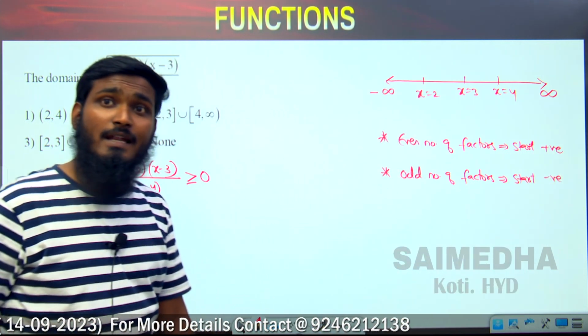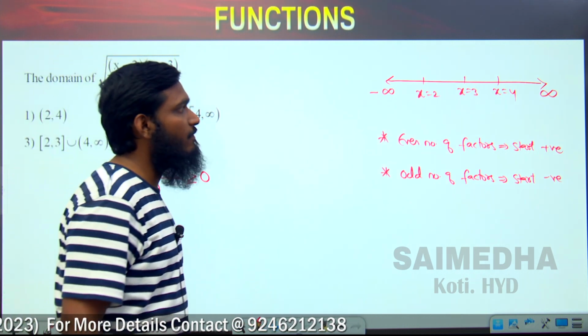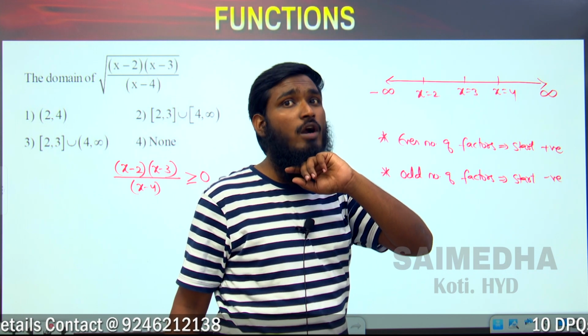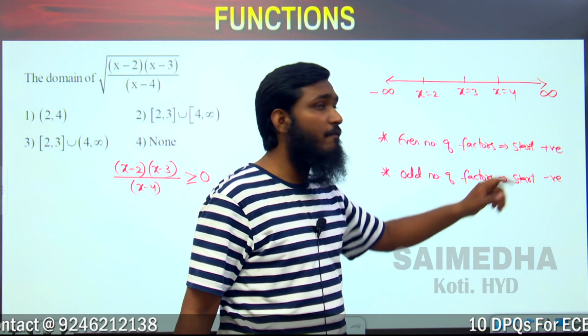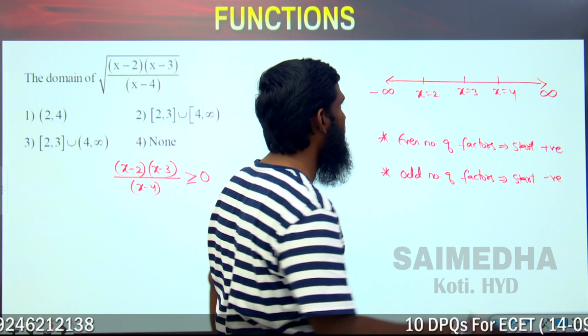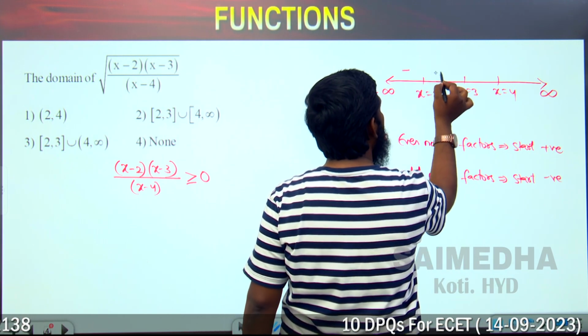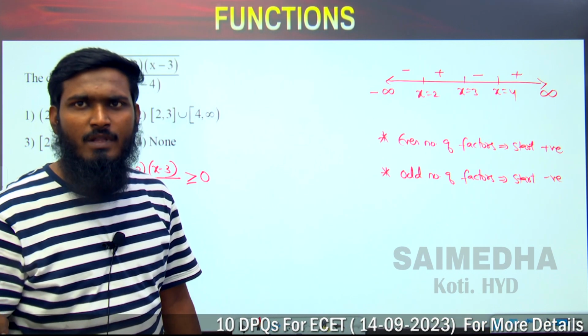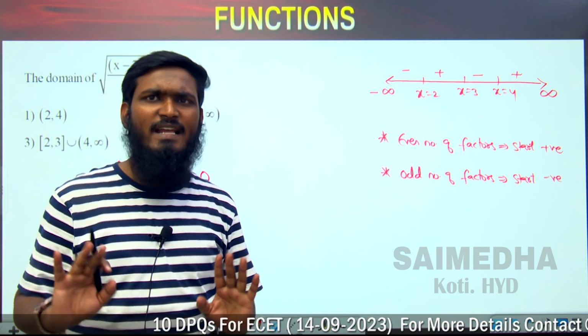Understood? Now listen carefully. How many factors do we have? 3 factors. Three is even or odd? Odd. If we have an odd number of factors, we start with a negative sign. So negative, minus, then plus, then minus, then plus. We have to take alternate signs: plus, minus, plus, minus, like that only.